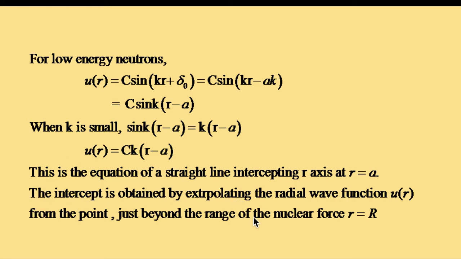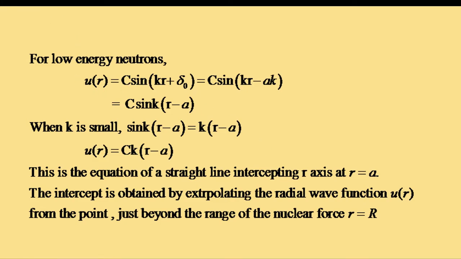And this is the convention that we are using. At the range, or just beyond the range, that you are taking as capital R, so at r equal to capital R, you will draw, actually we know that this is a sine equation.